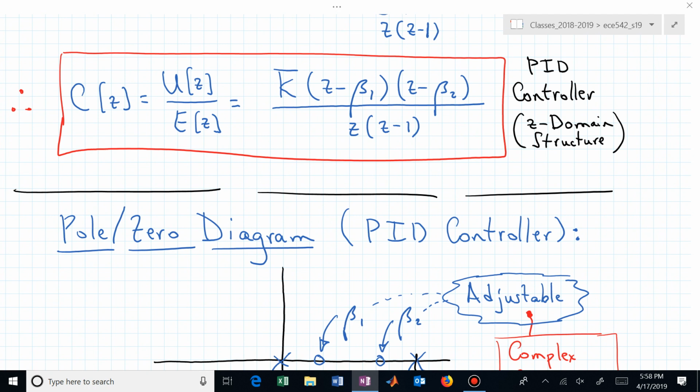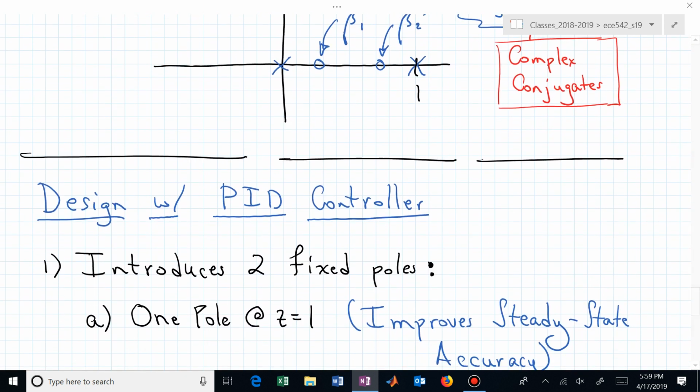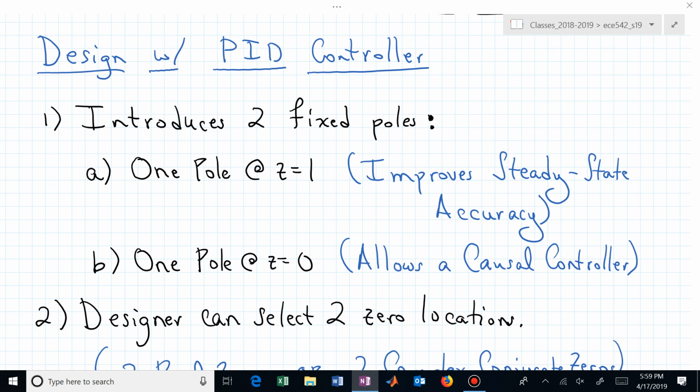We're not trying to say that we know something before it happens. So our denominator polynomial is the same order as our numerator polynomial with that pole at the origin. That's a way of thinking about that.